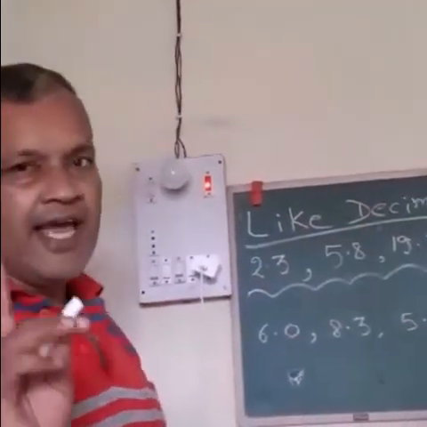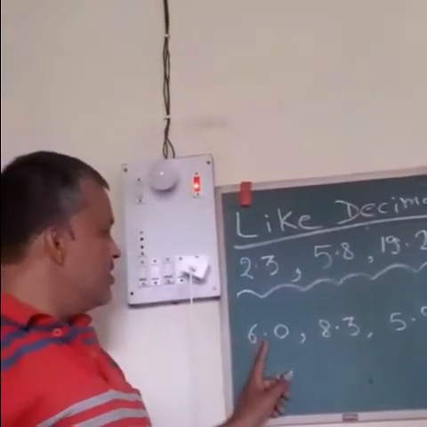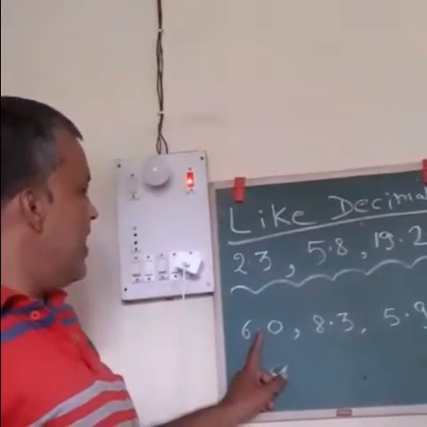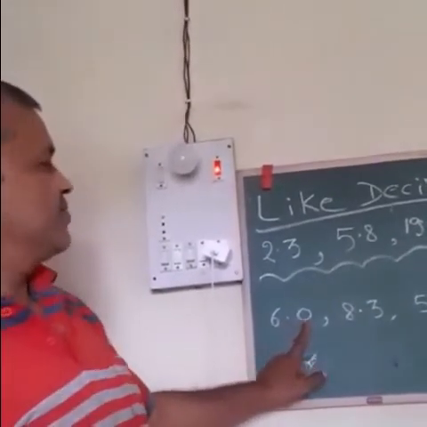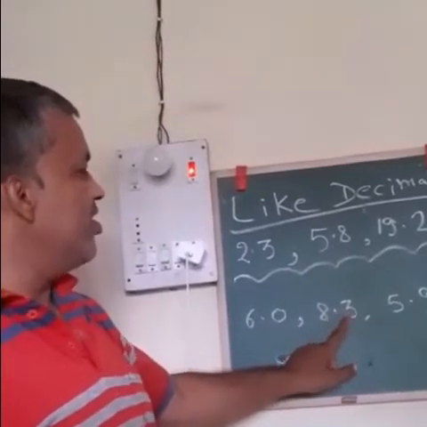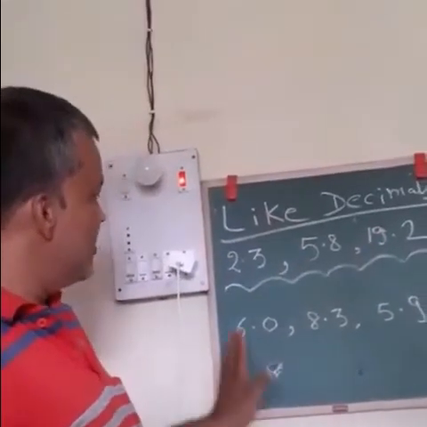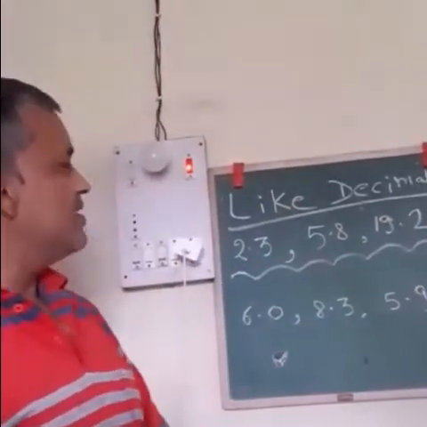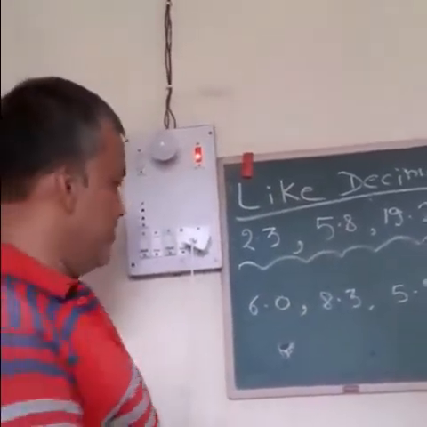Are these a group of like decimals? We can say yes. Why? Because at present the right side of the decimal is only 1 digit. Here we see only 1 digit on the right side of the decimal. We see the same here. So these numbers are also examples of like decimals. One more example.